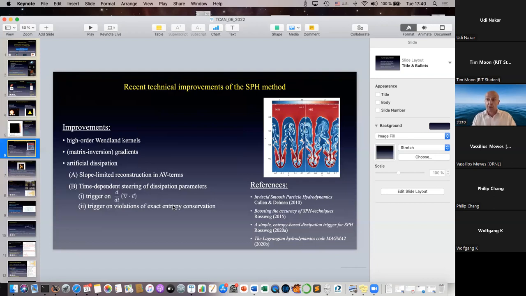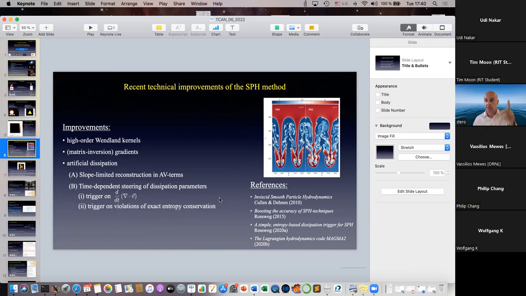In an ideal fluid that should be conserved, and if it isn't, then either there's a shock going through, or maybe your particle distribution becomes noisy. We have turned this around, and this is something that is also done in Eulerian methods: you look at local entropy non-conservation to choose how much dissipation you have.